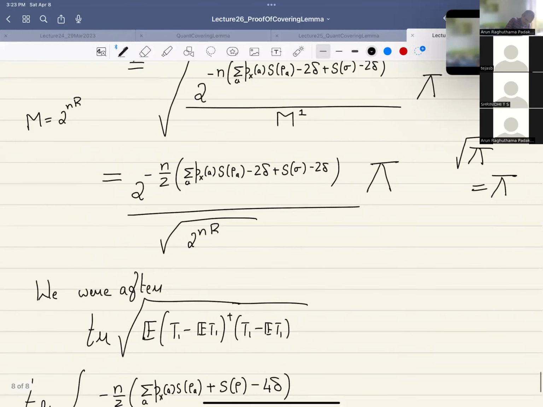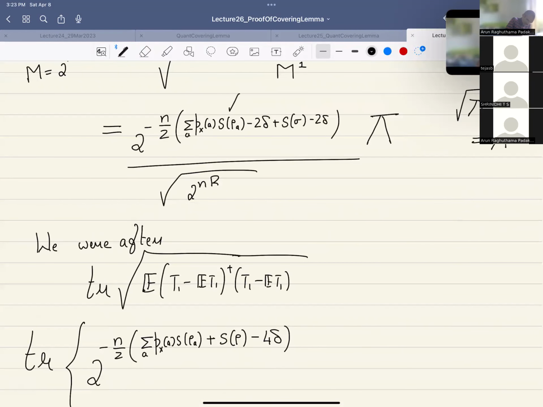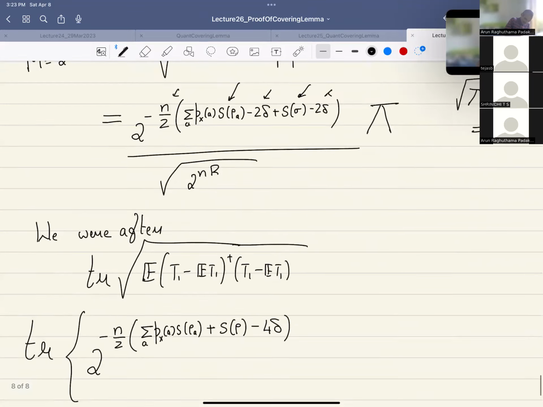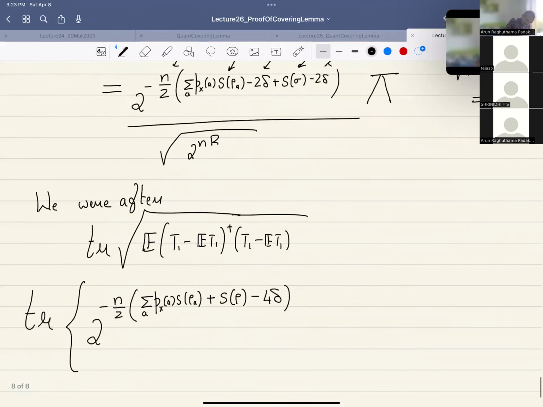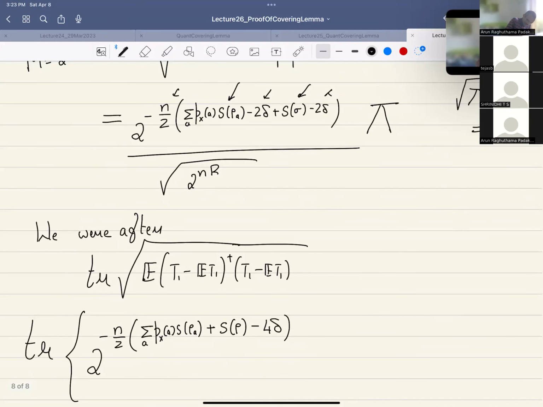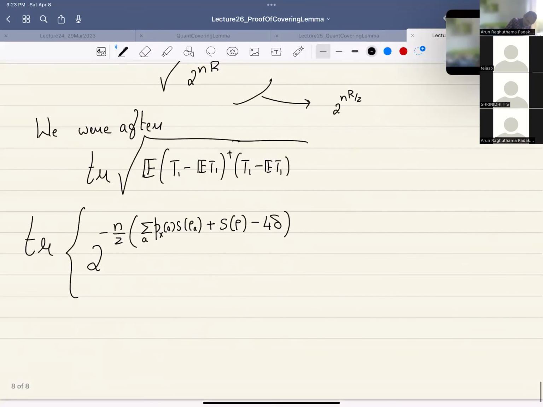So I'm just copying, okay? To ensure that I just copy this plus, copy this plus, this minus, and the n by 2. Okay, I have a by r by 2. So remember this, the term at the bottom is 2 power n r by 2. So I can write it to the top with a minus r, right? So I'm going to put, writing this in blue, minus r.